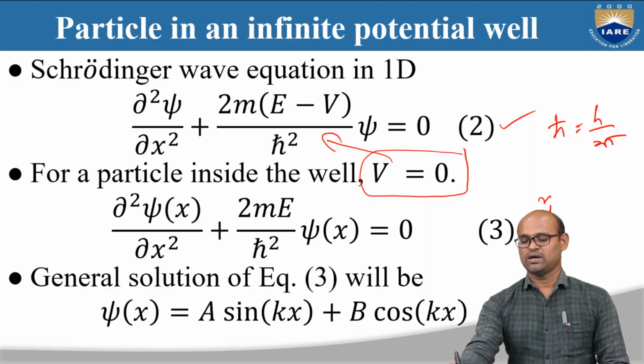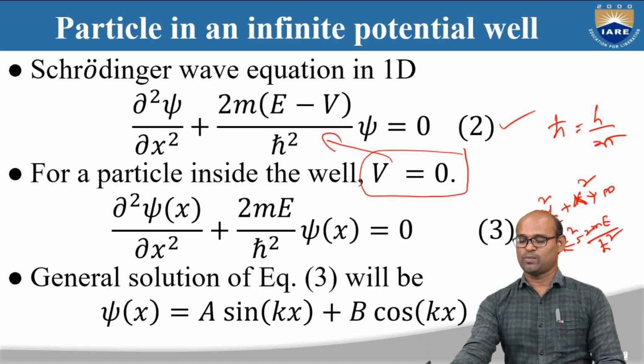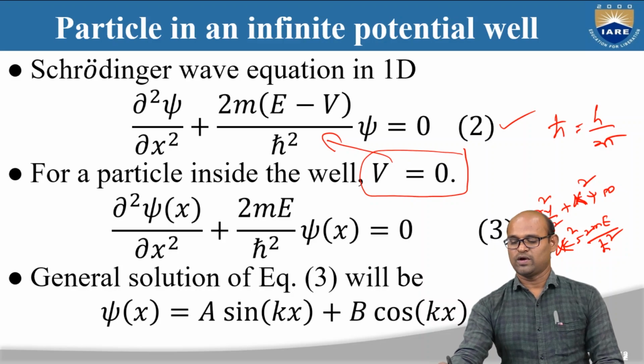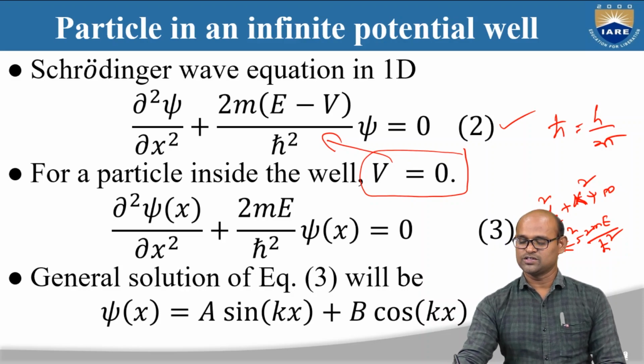So del square psi by del x square plus k square psi is equal to 0, where k square is equal to 2mE by h cut square. You can define this as k, or you can write this as alpha square also, because there is another k which is the propagation vector. To avoid the confusion, I am defining alpha square is equal to 2mE by h cut square. Now solve this differential equation.